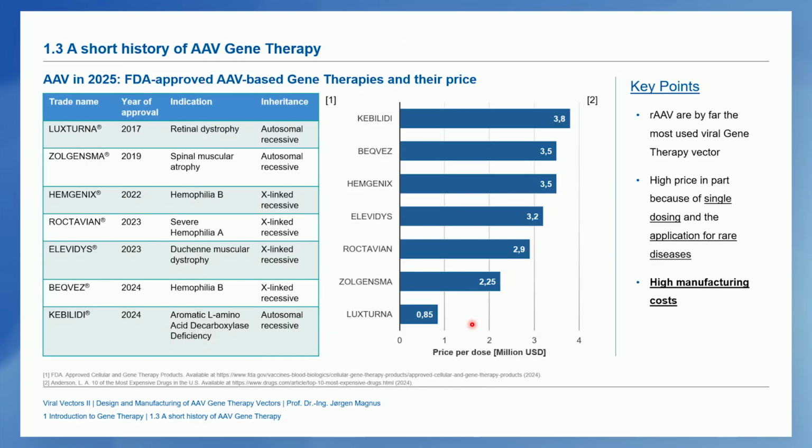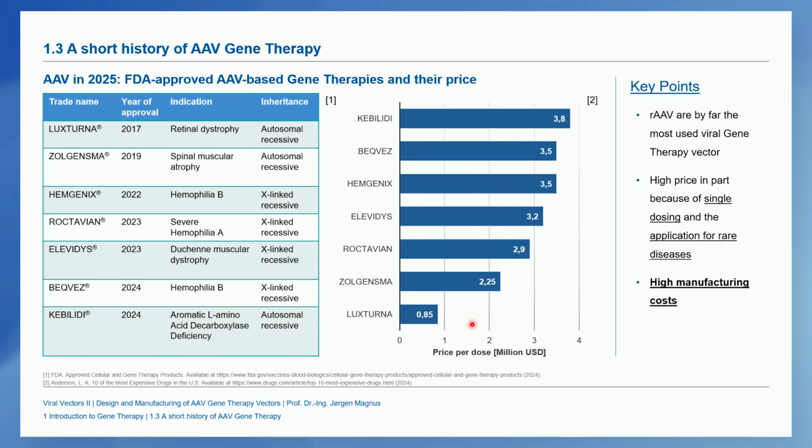And here we see the list of the currently approved gene therapies. In the recent years, 2023 and 2024, there have been 4 new ones that came onto the market. They all target monogenic diseases. They all target recessive diseases.